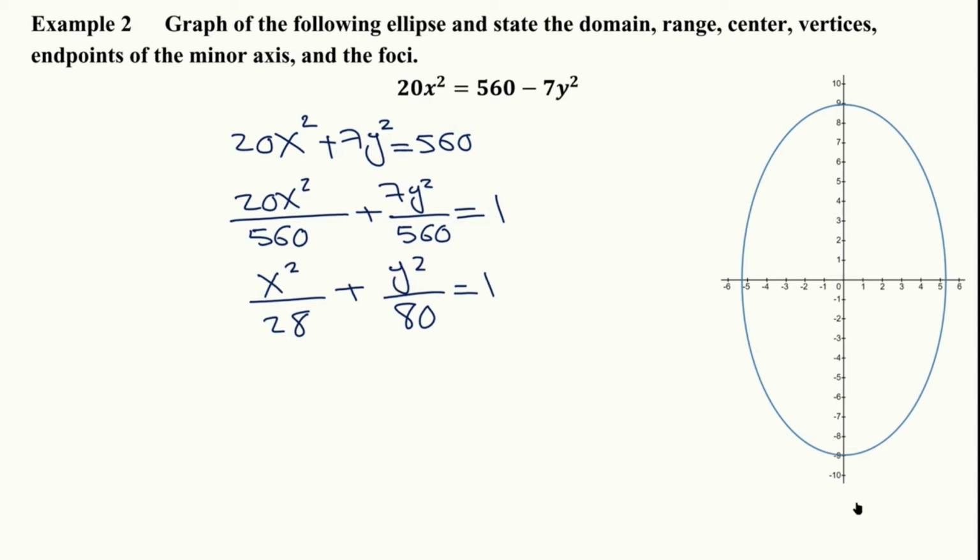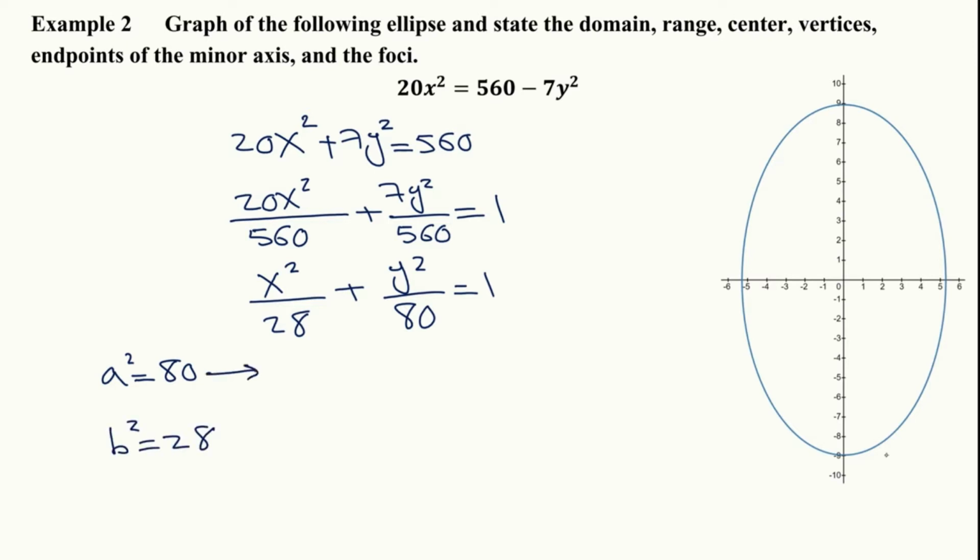But you can see that you still are going to have to get exact values for the co-vertices here and the vertices there, etc. So we still need to do some algebra. So we know that our a squared is going to be 80, and b squared is going to be 28.